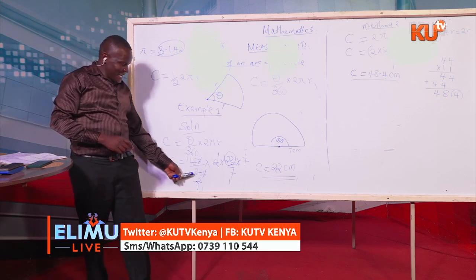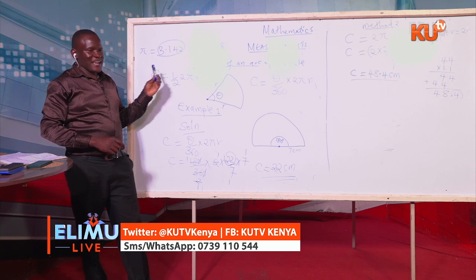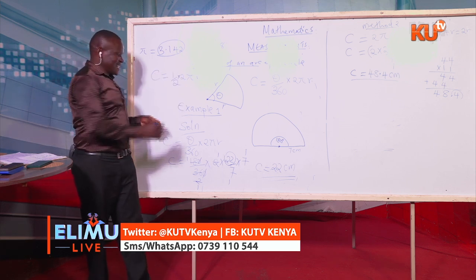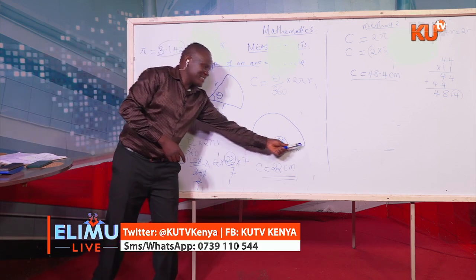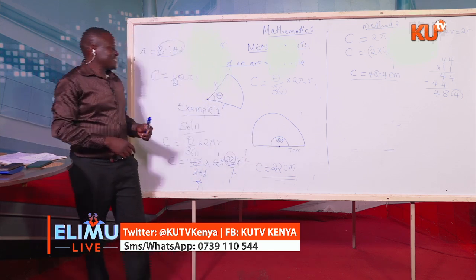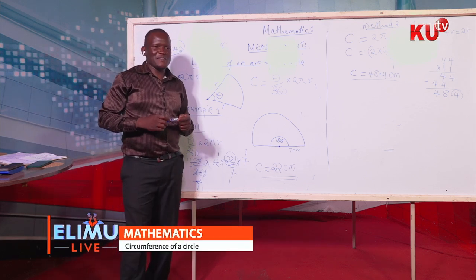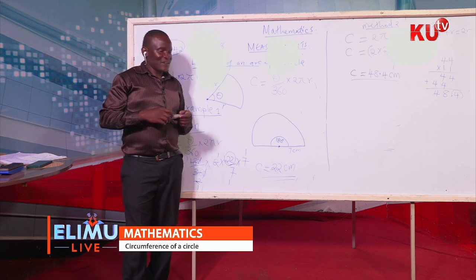So when you work it out, you will get this half. So this is the origin of the half. These two originate from the two radius that we have. And our pi, as I said earlier, is the mathematical constant.